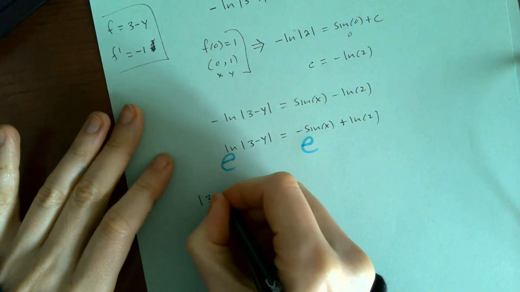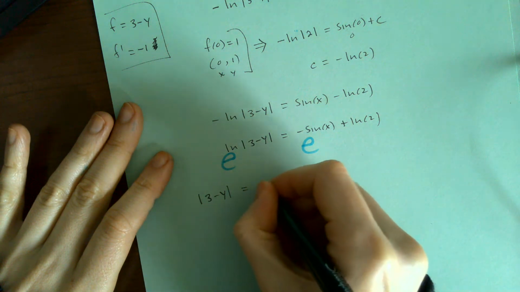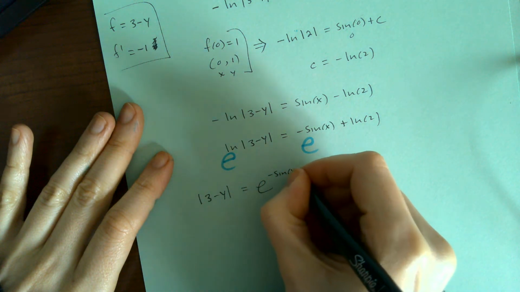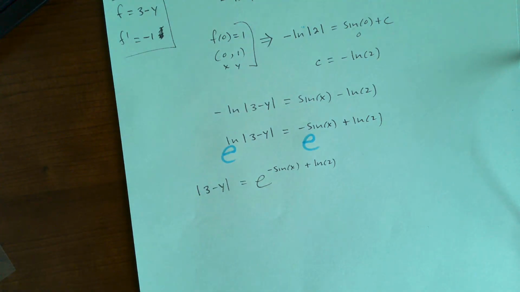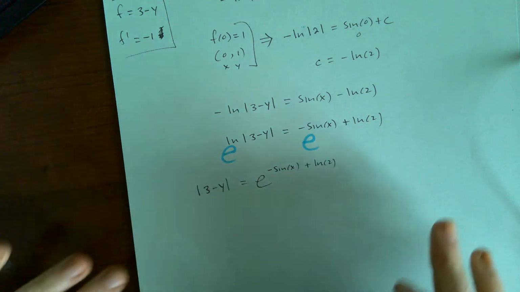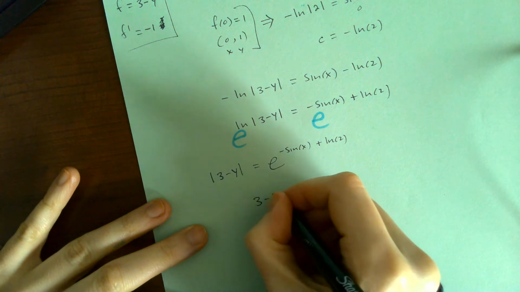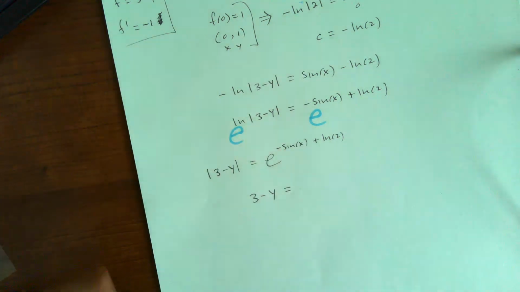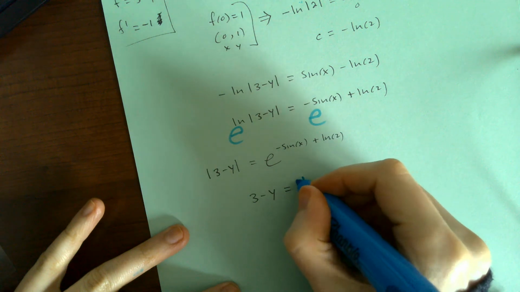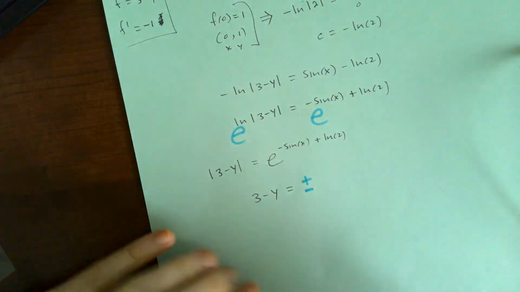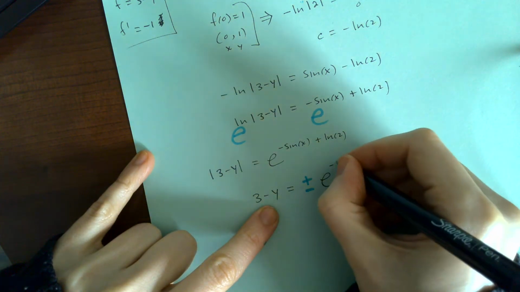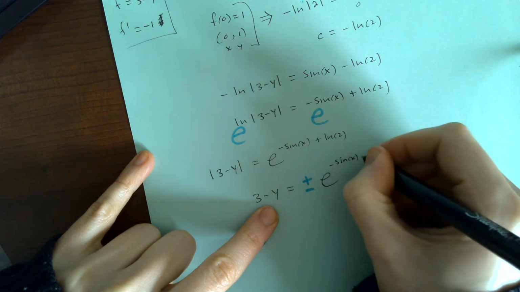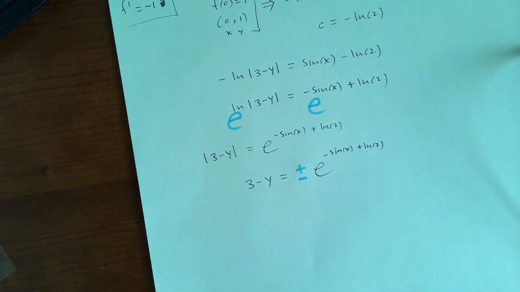We have absolute value of 3 minus y equals e to the negative sine of x plus natural log of 2. Now, in order to solve for y, I need to drop the absolute values. You do that by considering plus or minus. So the input of the absolute value could be plus e to the negative sine of x plus natural log of 2, or the minus 1.